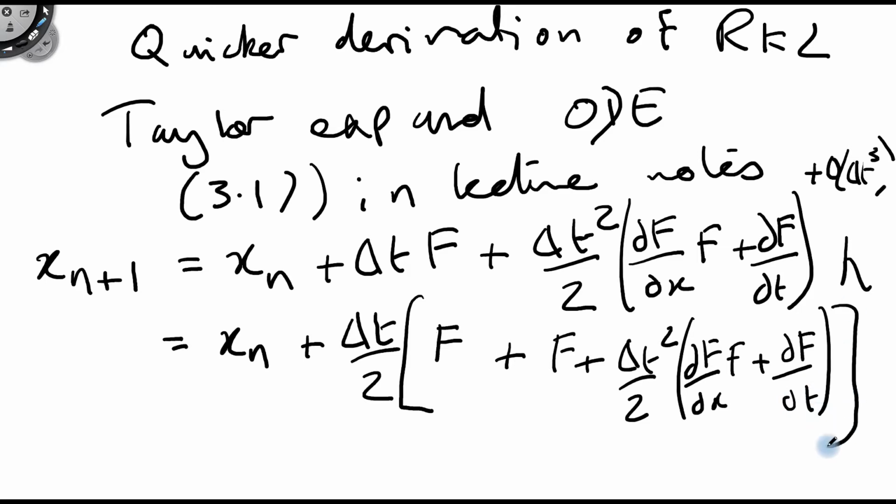And to the order of accuracy we're modeling, we identify that this first thing is k1 and the second one is k2. So k1 is simply the function at the start, and k2 is the approximation of the function within the interval, which is the function plus this expansion.